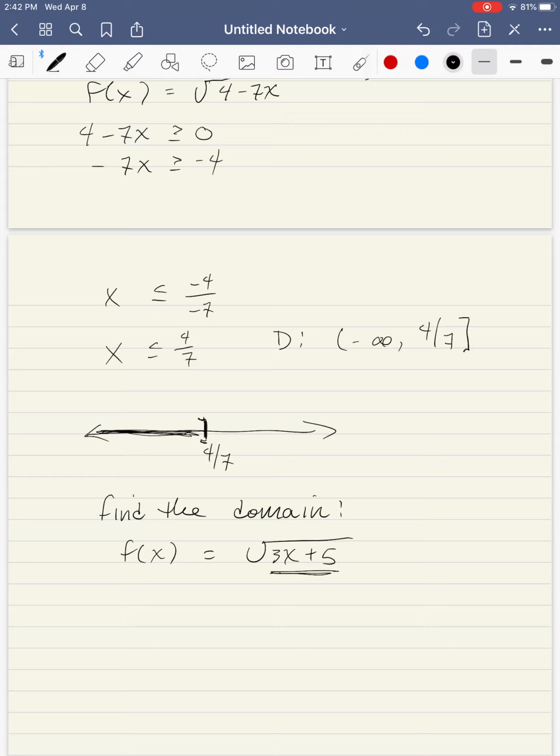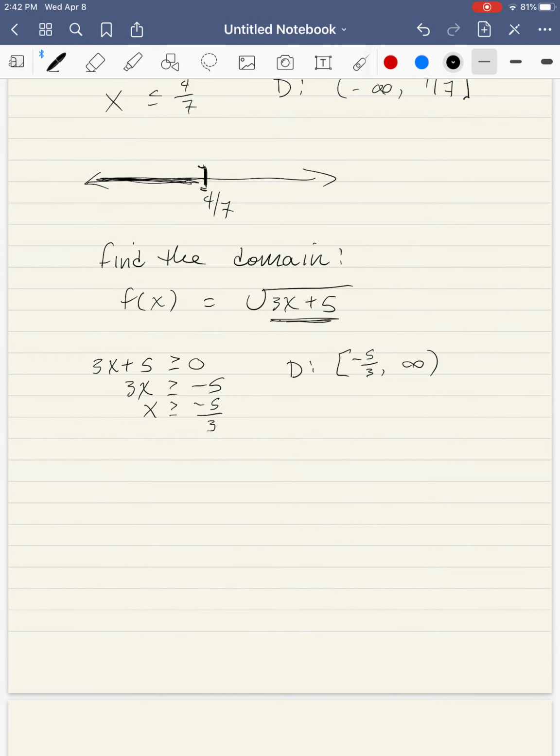So to find the domain of a square root, we set 3x plus 5 greater than or equal to 0 and solve for x. And now I'm dividing by a positive number. It does not affect the sign. So x is greater than or equal to negative 5/3. So my domain is negative 5/3 to infinity.